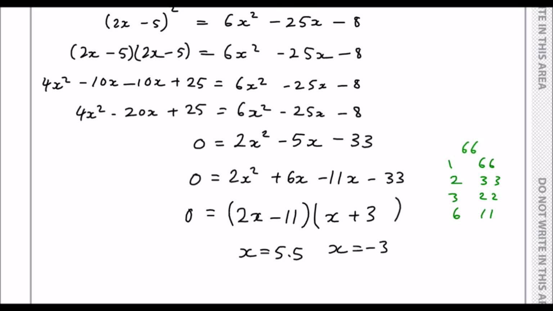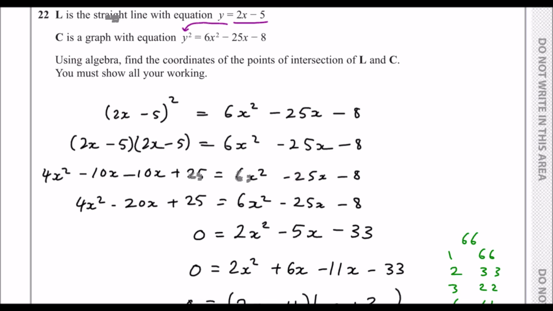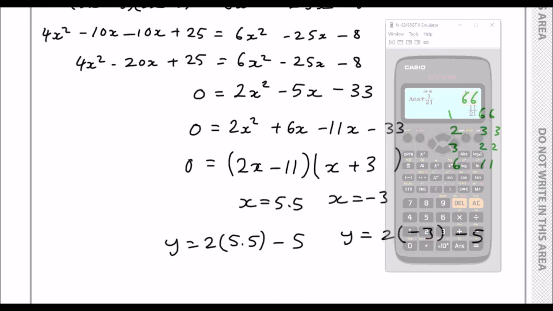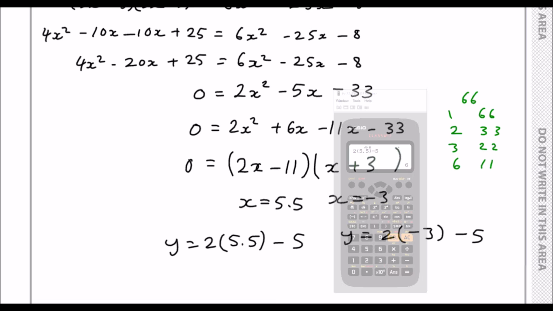We need to find our y coordinates. So we'll substitute into y equals 2x minus 5. So we've got 2 times 5.5 minus 5, which is 6.